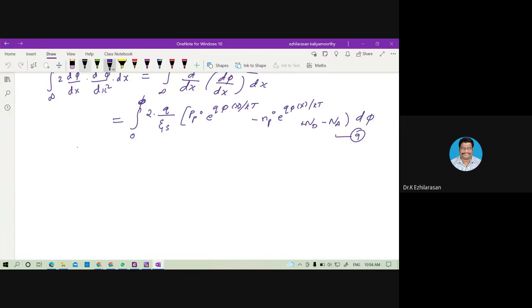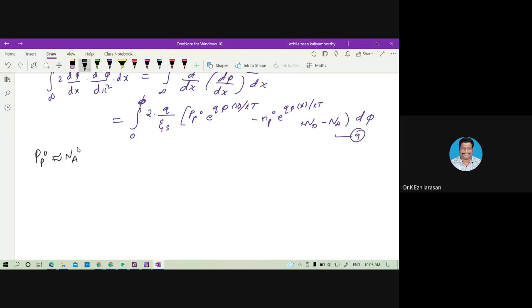Now let us substitute some things. At relatively elevated temperatures, most of the donors and the acceptors are ionized. So let us make some simplifications: PP0 is approximately equal to Na.